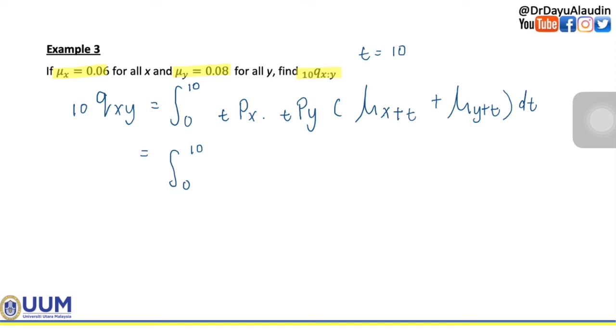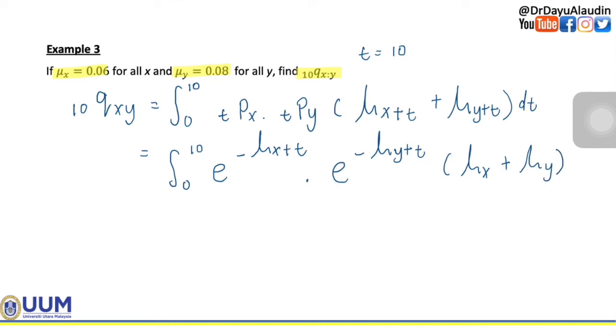So you are given mu x, so we can change it in terms of e negative mu x plus t times e negative mu y plus t times mu x plus mu y, because mu x is equal for all x and mu y also is equal for all y.